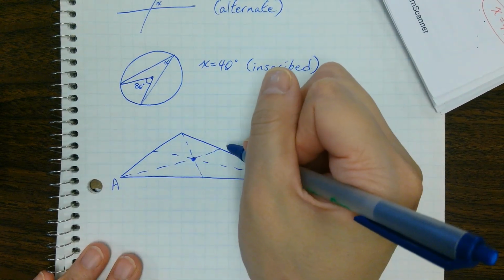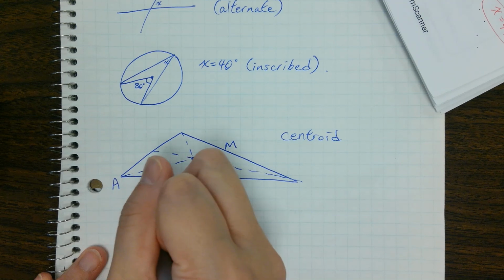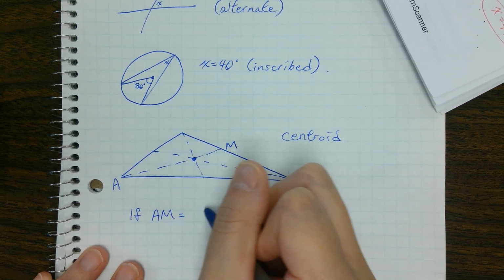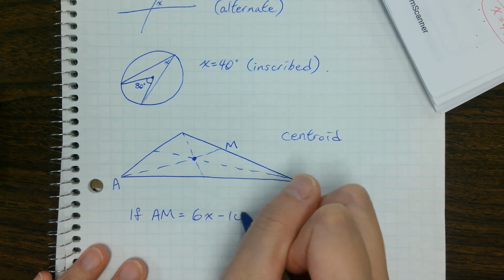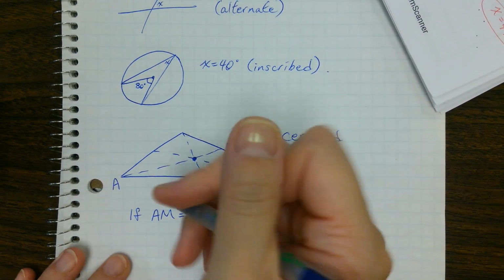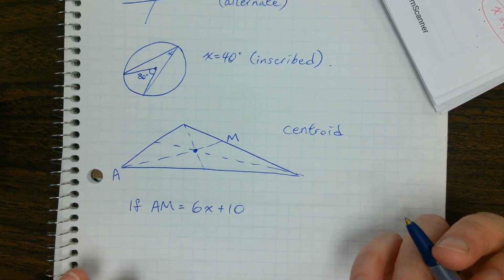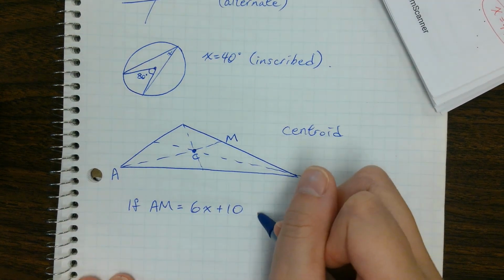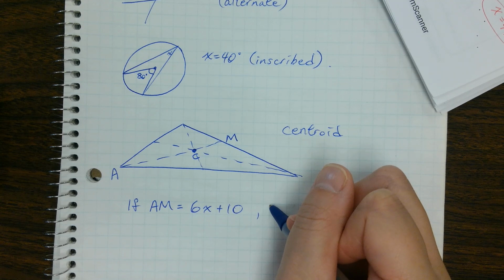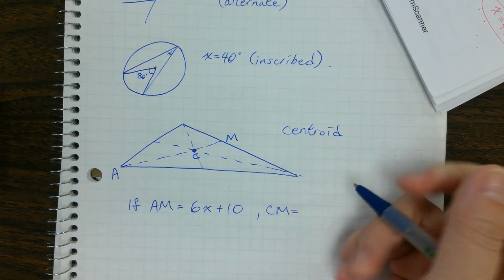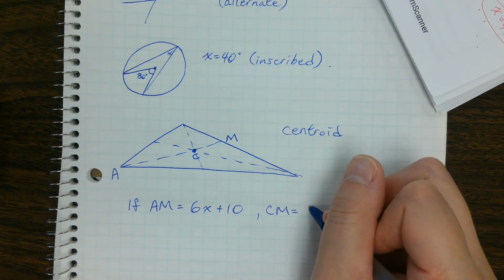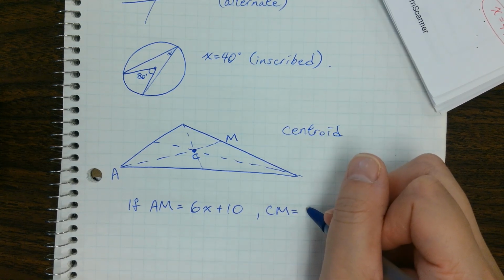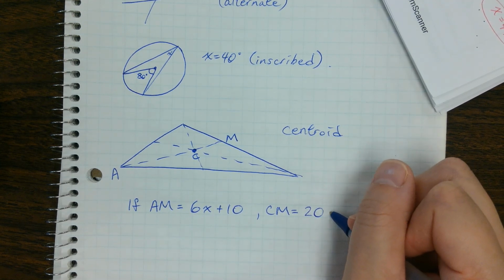If AM equals 6x plus 10, let's do plus 10, and CM is 20 centimeters.